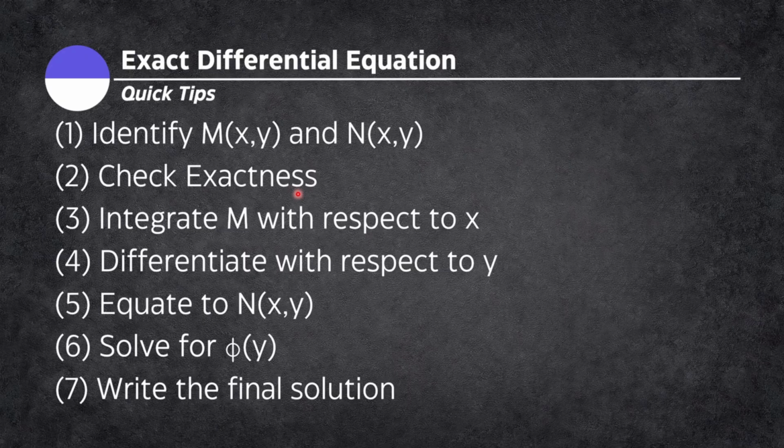Then once you consider it as an exact DE, integrate the M function with respect to x. Next, differentiate it with respect to y, so partial differentiation in terms of y.